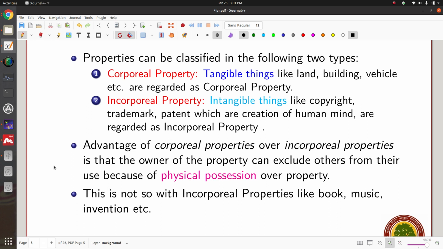Okay, so since you have the physical possession of these properties, you can easily exclude others from using it, and you can easily protect these properties.